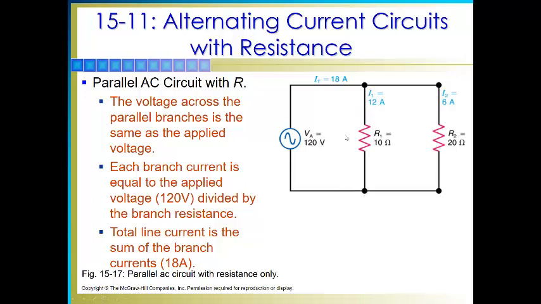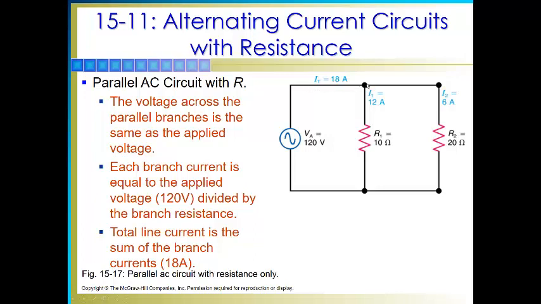So we calculate the total resistance of this and then use the same methods that we use with DC voltage to calculate the current. In this event, the current will be 18. Remember, on parallel circuits, the voltage is the same across all branches, where the current is the sum of all currents of all branches.